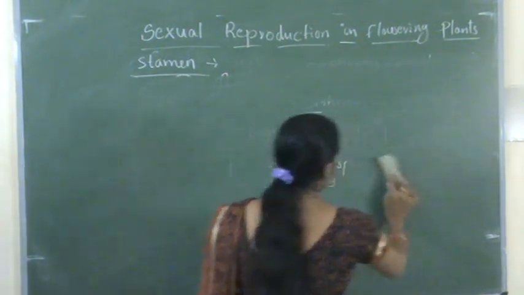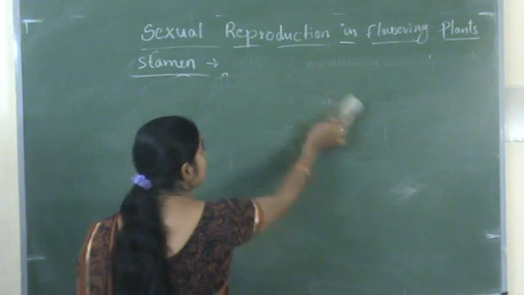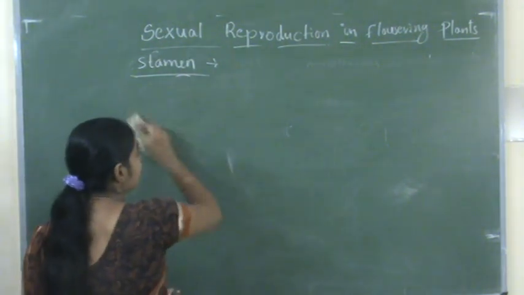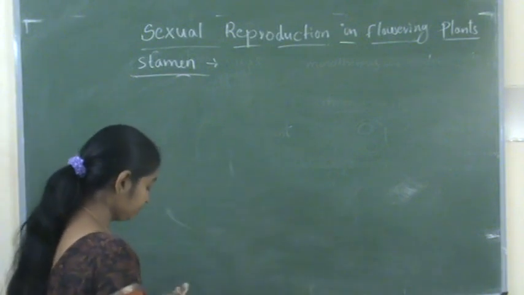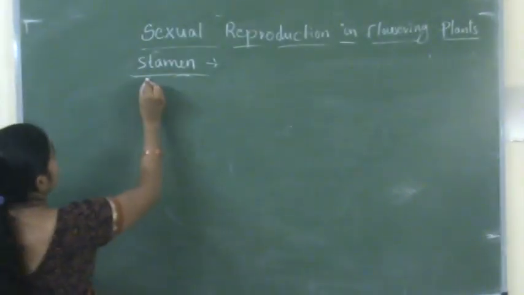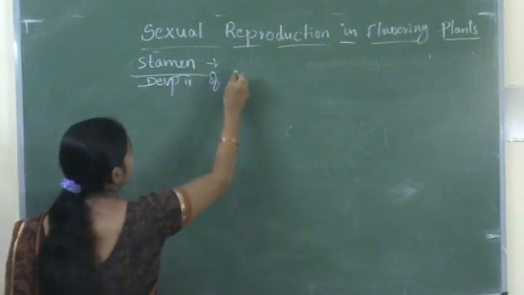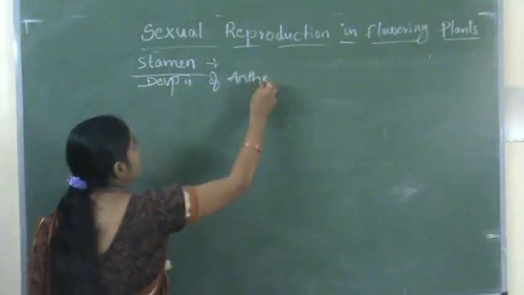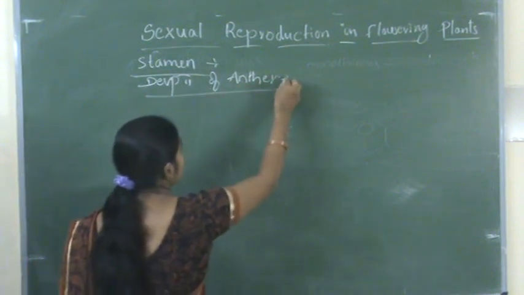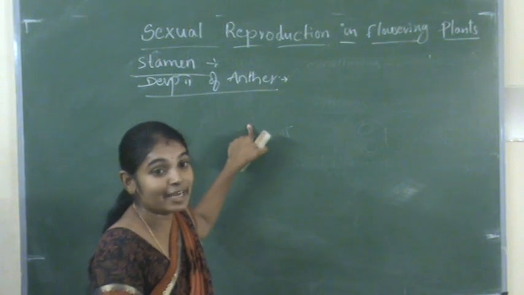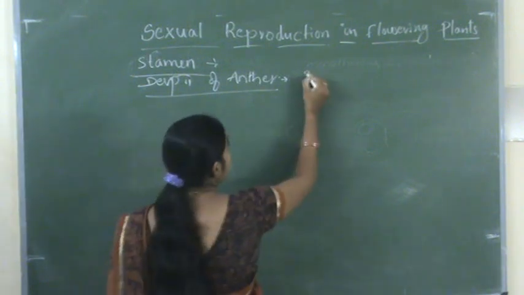So now we will discuss the structure of anther and development of anther. In angiosperms, the anther development is eusporangiate.